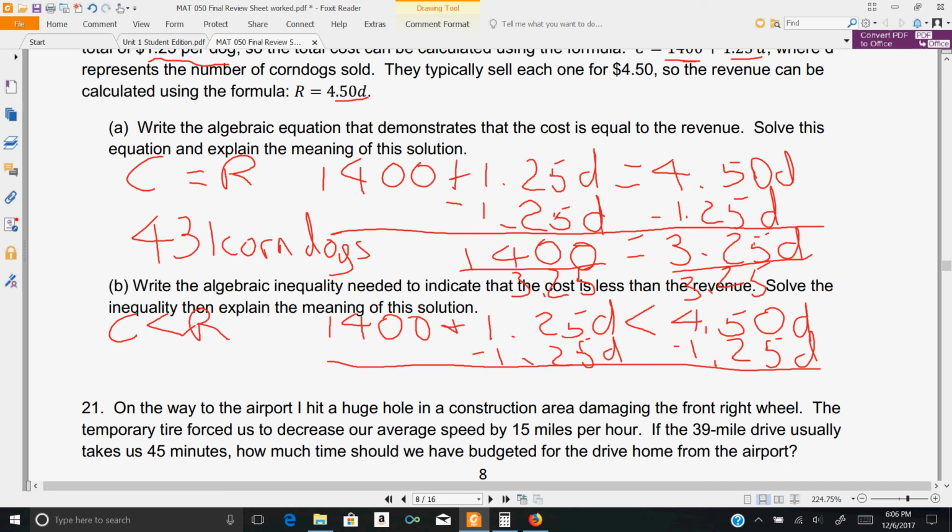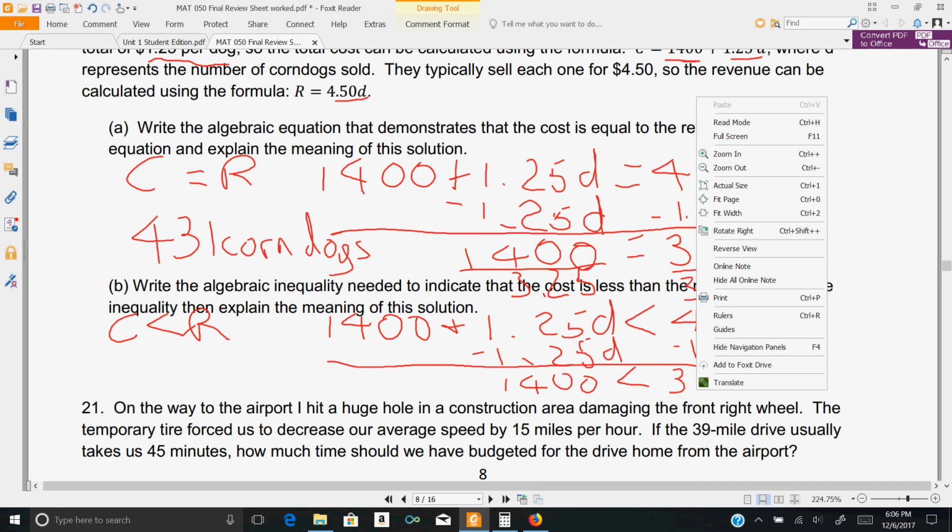And that leaves me 1400 being less than 3.25D.